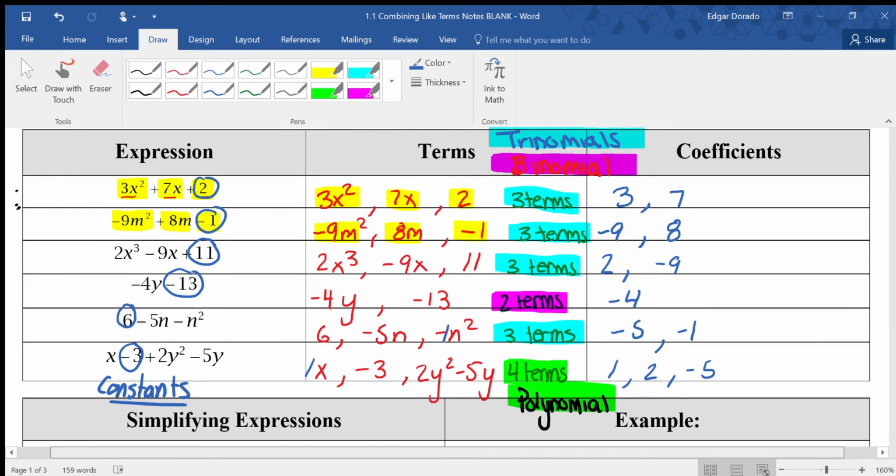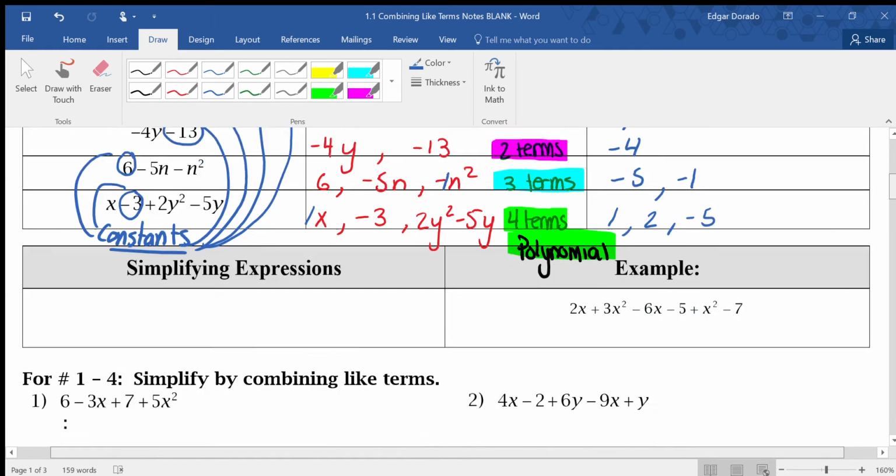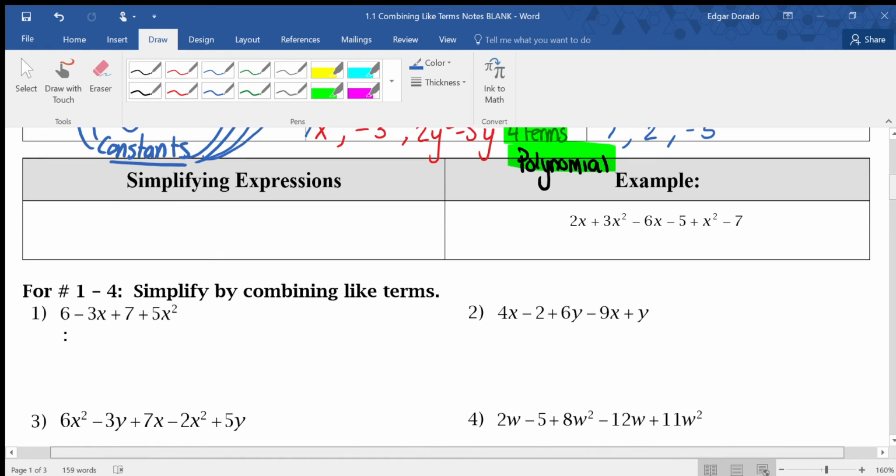Okay, so this one right here, this one right here, all of these terms are called constants. They have no variable next to them. Now it's important to define those things because in the next bit, when we're actually simplifying expressions, we have to know what we have to combine.